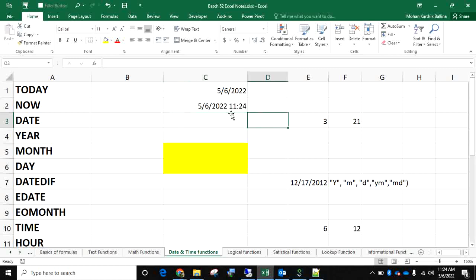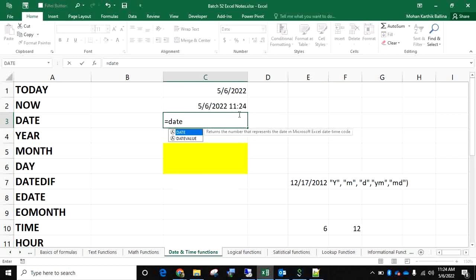Next, DATE. Okay, as we remember, first we need to read the description or definition. Returns the number that represents the date in Microsoft Excel date-time code. That means if you select a year, comma, month, comma, day, then it gives you the date.